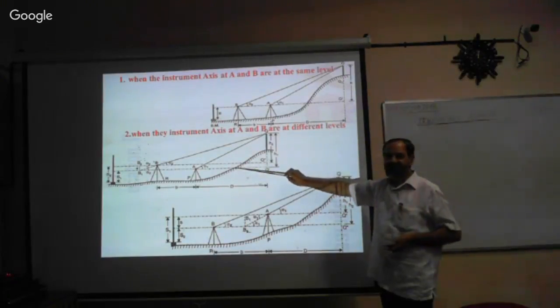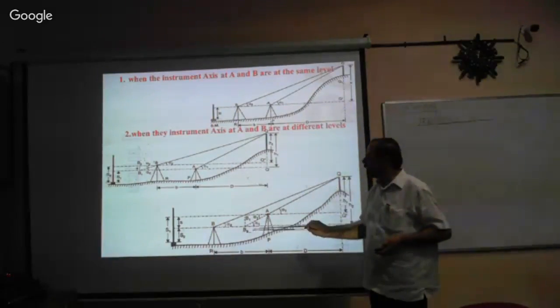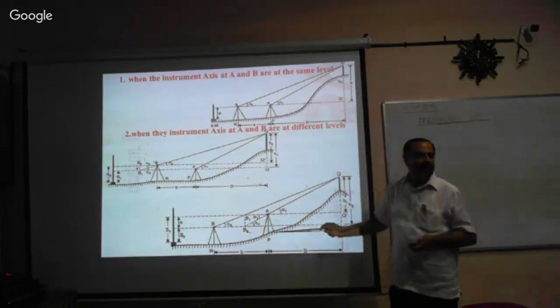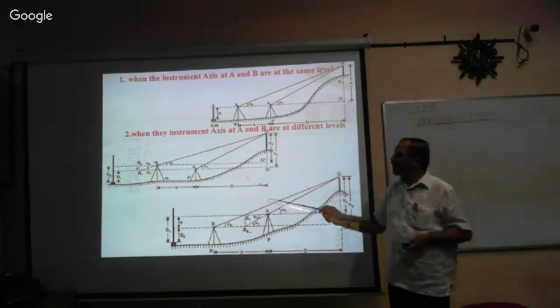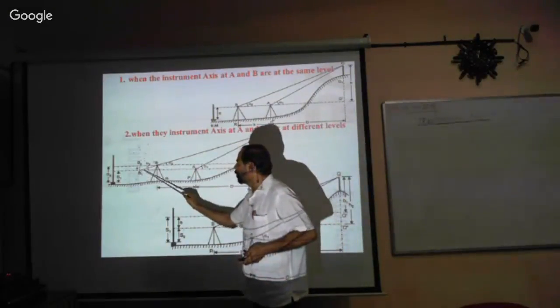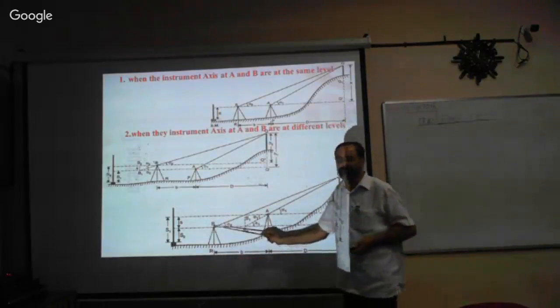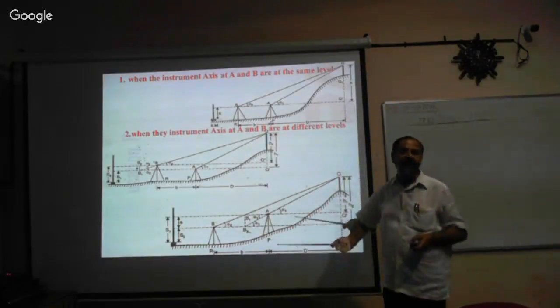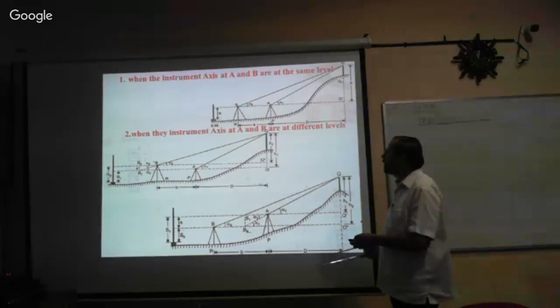Here the nearest axis is lower, and here the nearest instrument axis is above. In this case, the distance B becomes more, and in this case B becomes less. If we apply this, we can very easily solve any kind of problem.